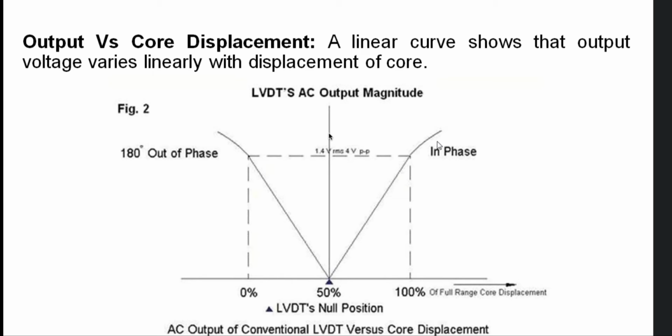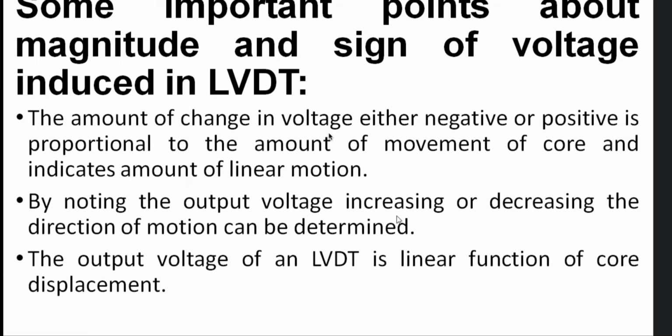This is the LVDT's AC output voltage. This is the LVDT null position. This is the AC output of a conventional LVDT versus core displacement. If you go through this slide, I will explain in detail.